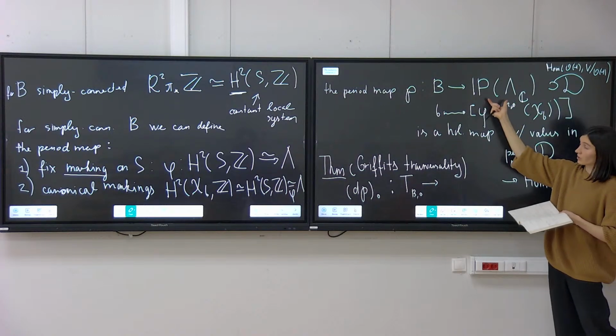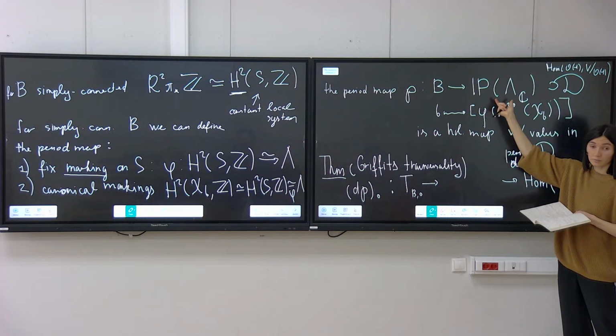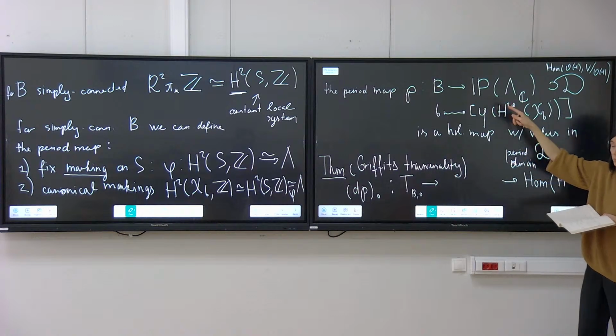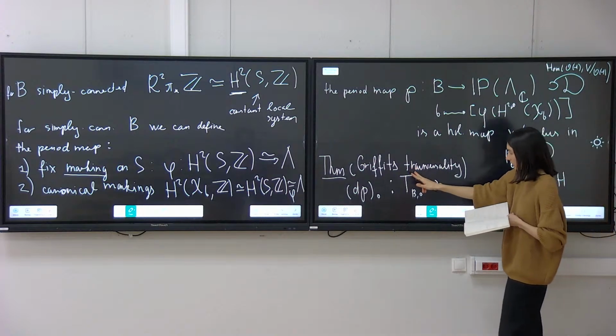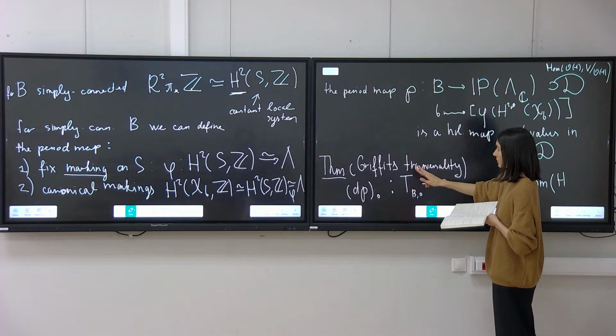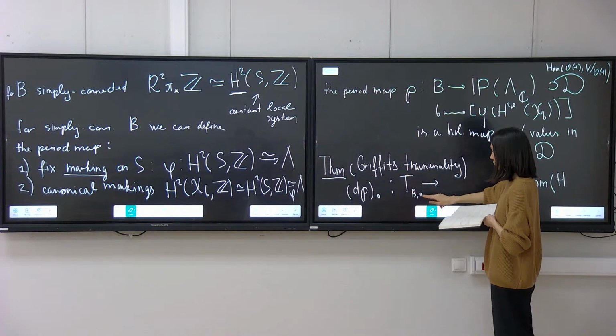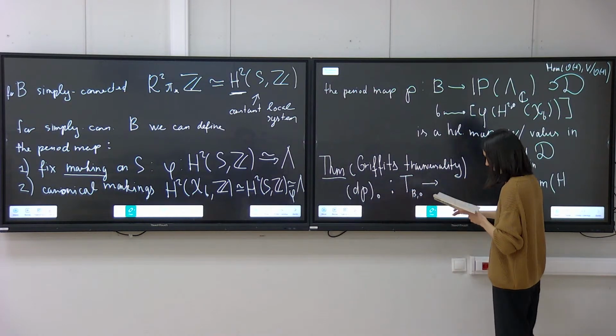So more generally, here we have a Grassmannian. And for a Grassmannian, the tangent bundle is tautological homomorphisms from tautological bundles to quotient bundles. Okay, Griffiths transversality gives you a precise description of the corresponding differential.